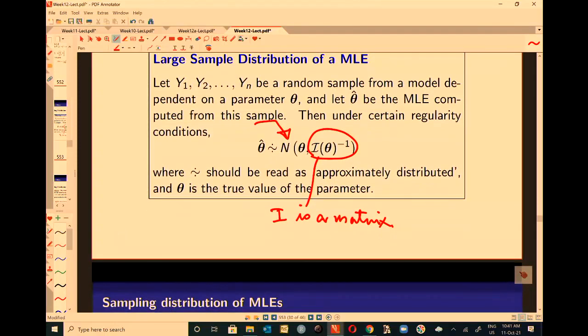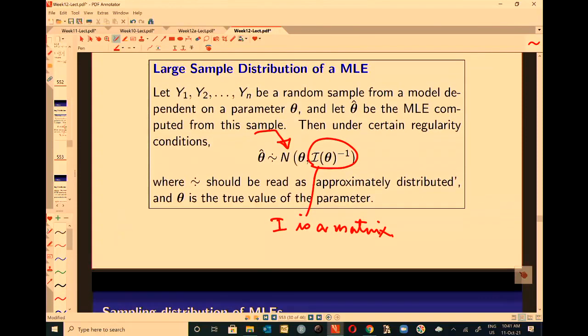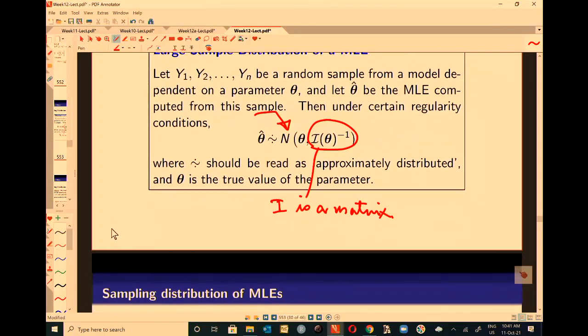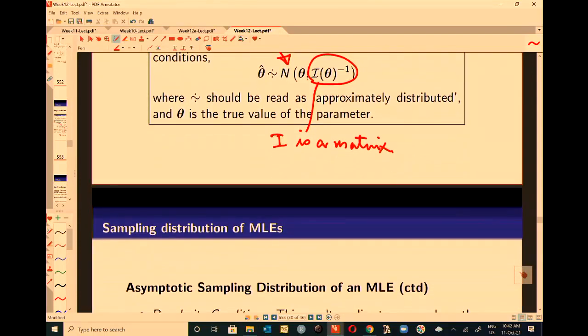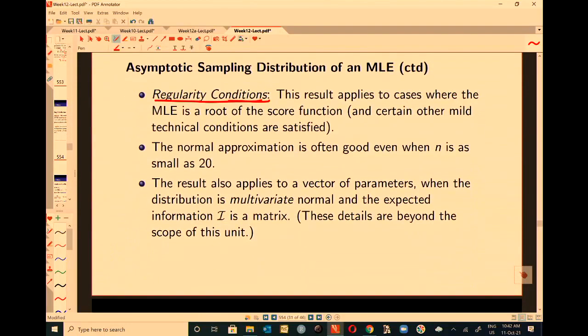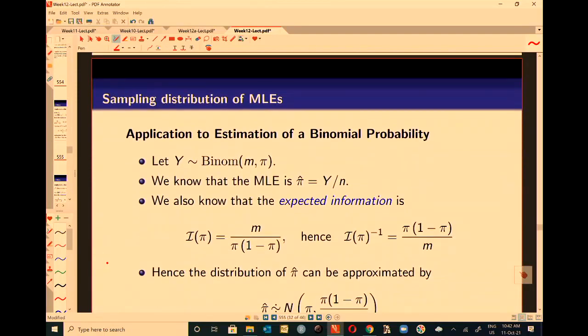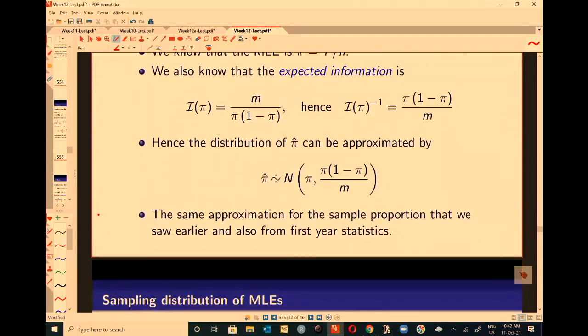The parameter estimates, the MLEs, are normal, and we have the theta from solving the score vector equal to 0, where the variance or covariance matrix comes from the inverse of the information matrix. Of course, once I have normal distribution, I can then form my confidence intervals in the usual way.